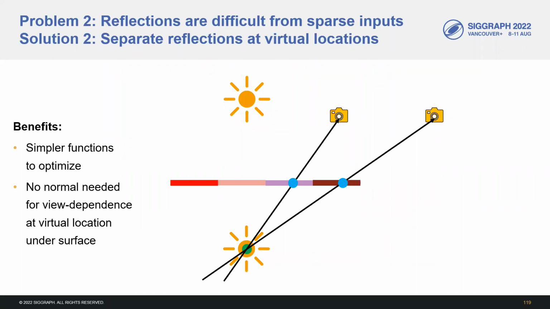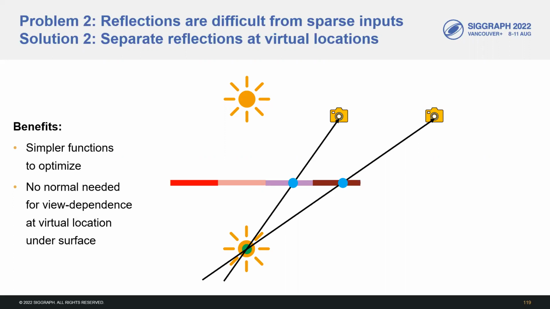And instead, we're just going to imagine that there are no bounces and that there's a virtual light that exists underneath the surface. Underneath the surface? Yeah, underneath the surface. That we're then going to add back on to the view independent appearance. This is consistent with all of the rays of light. We just sort of unfolded them. Yeah. This is assuming it's planar. Assuming it's planar. Yeah. And for indoor scenes, that's also not a terrible assumption.